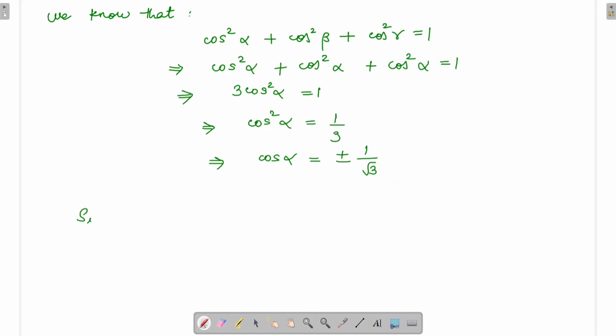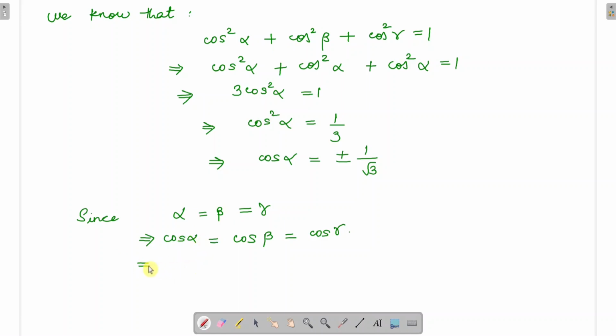Now since alpha is equal to beta is equal to gamma, what we will get is cos alpha is equal to cos beta is equal to cos gamma. That is, if the angles are equal, then their cos is also equal, right?